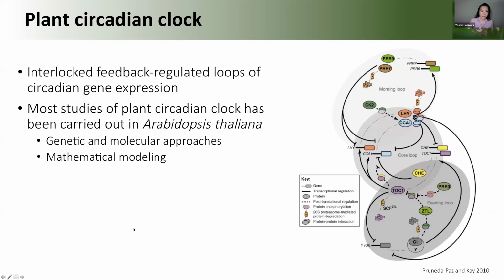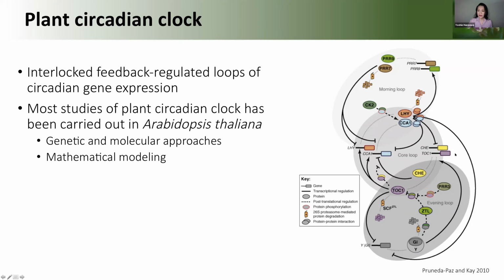So specifically, the plant circadian clock is interesting. It is unique evolutionarily. Compared to animals, it has a different set of genes. So it is considered to be of a different origin evolutionarily. But all of those clocks in any species, in any domains of the organisms, have interlocked feedback regulation loops of circadian gene expression.